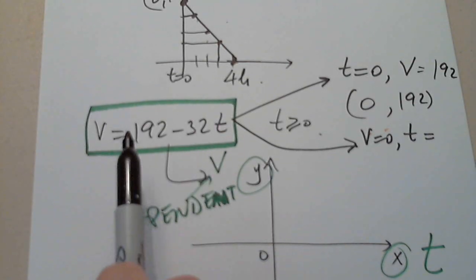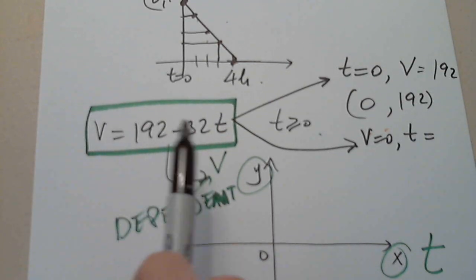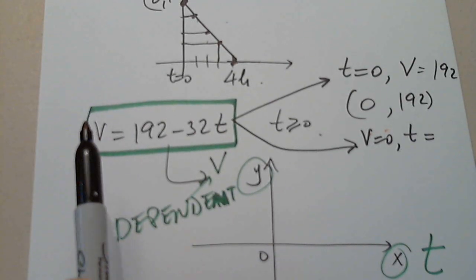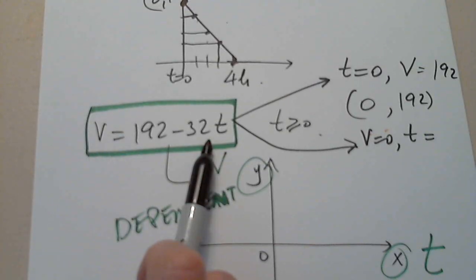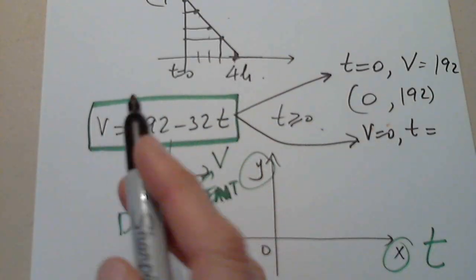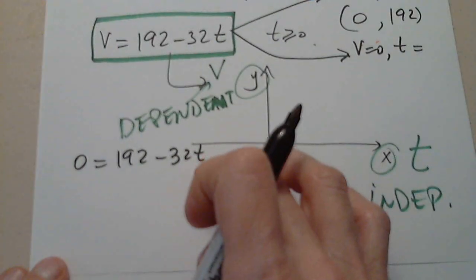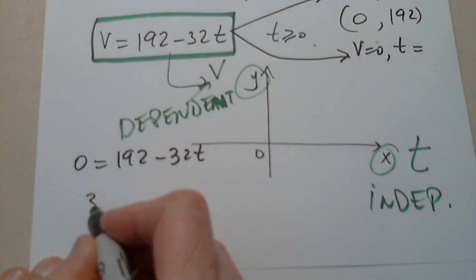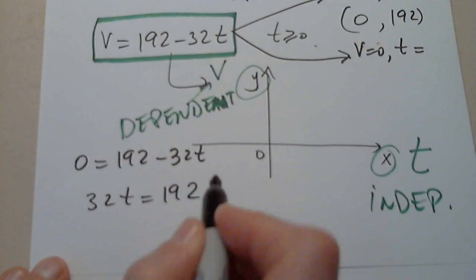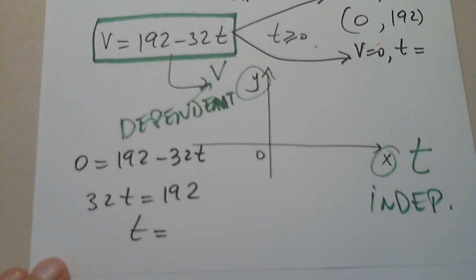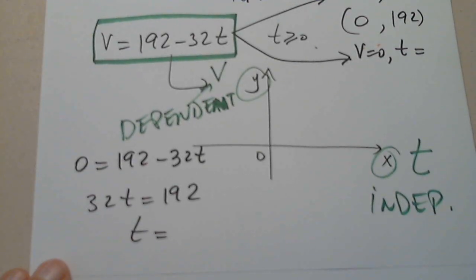So now when we want to determine t, we replace v by 0. Let's do that together. So I have 0 equals 192 minus 32t. I move negative 32t to the other side. It becomes positive. And now I divide to get t.